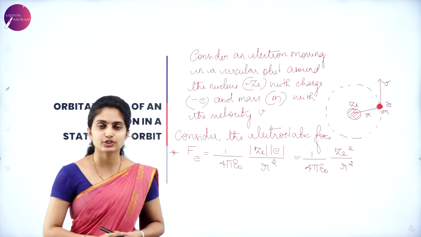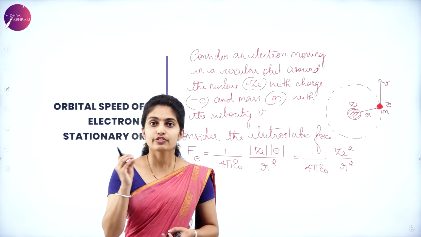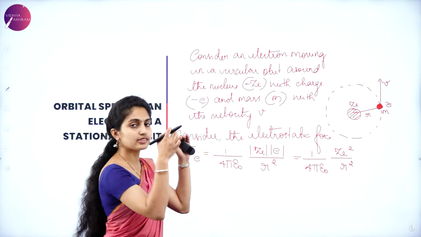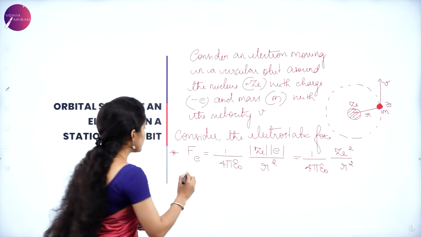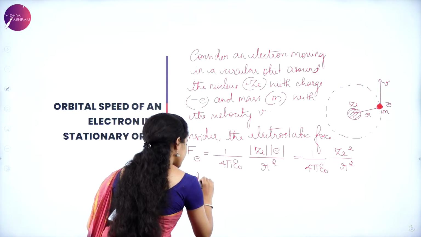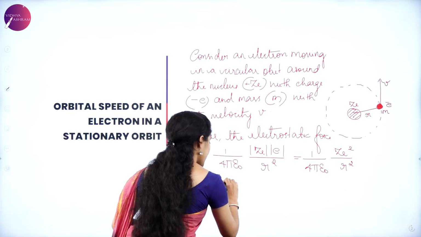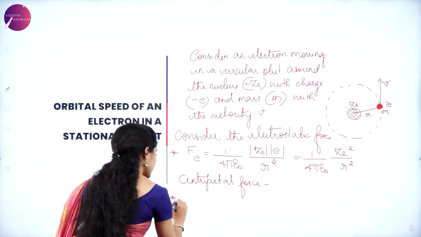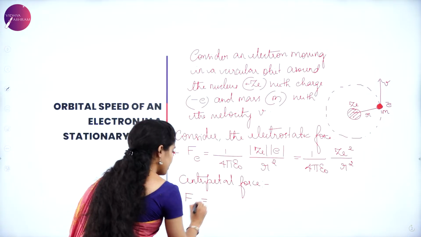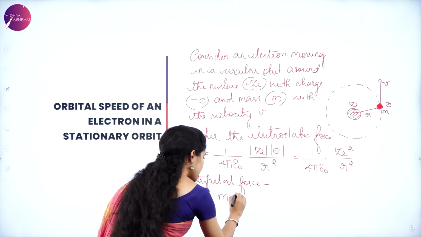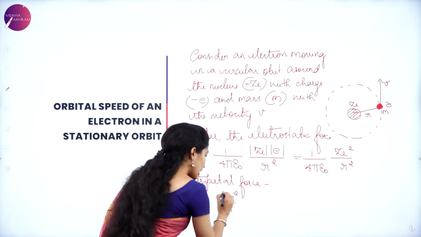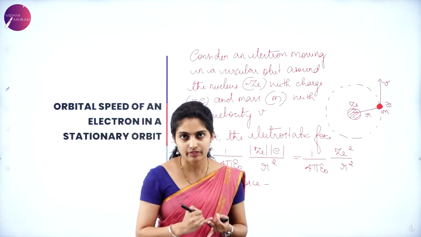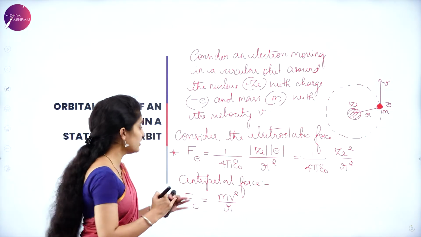So we have this equation. Now, we know that according to centripetal force, because the force is exerted towards the center, the centripetal force is given by mv square divided by r, where m is the mass of the electron, v is the orbital velocity, and r is the radius.